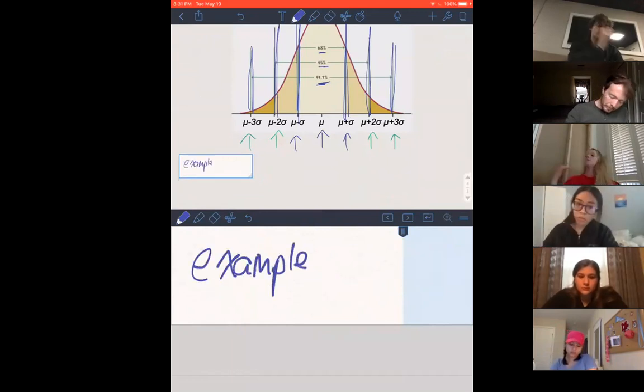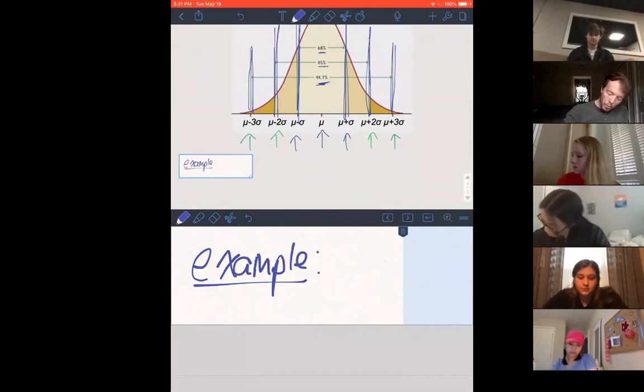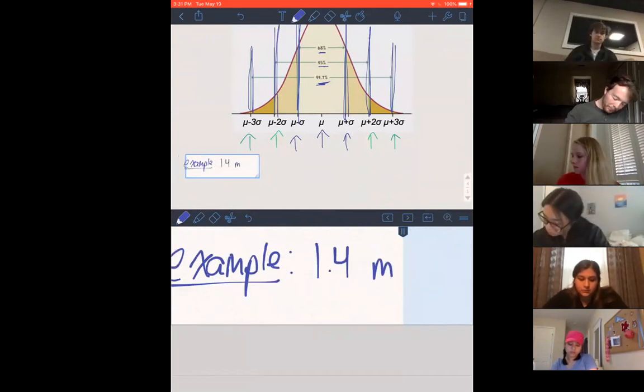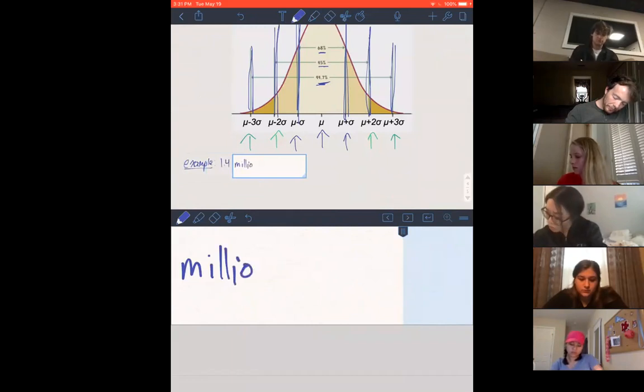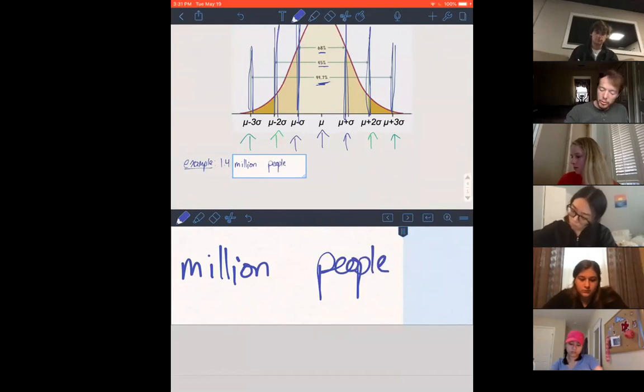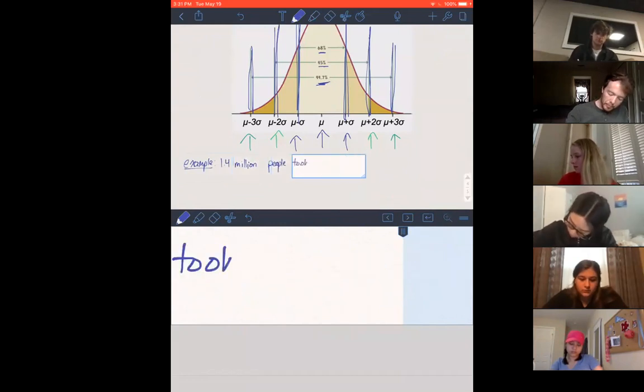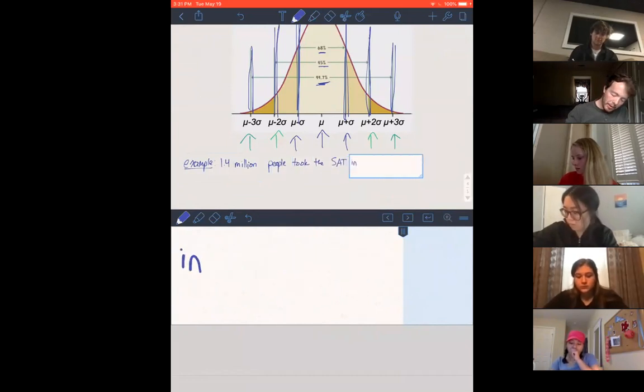Example. 1.4 million people took the SAT in 2008.